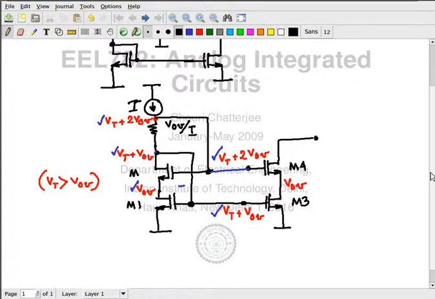Now, all of these are basically biasing strategies. Okay, so in this course, this is an important topic, but it is underplayed. So over the semester, you will find that I'm going to be assuming that you know how to bias MOSFETs.